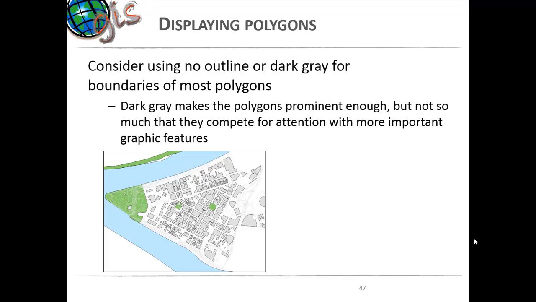So displaying polygons, consider using no outline or dark gray for boundaries of most polygons, because dark gray makes polygons prominent enough. If you use outlines, they draw too much attention to themselves when you have a lot more important features on the map.